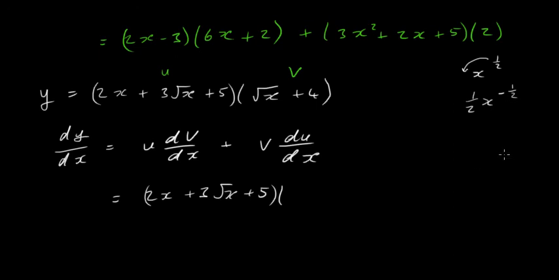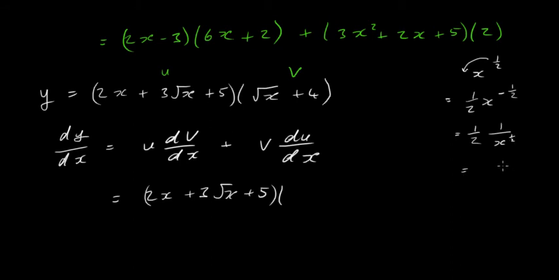So when you differentiate root x, you get a half x to the power of minus a half. Now that's just simply a half times 1 over x to the power of a half.